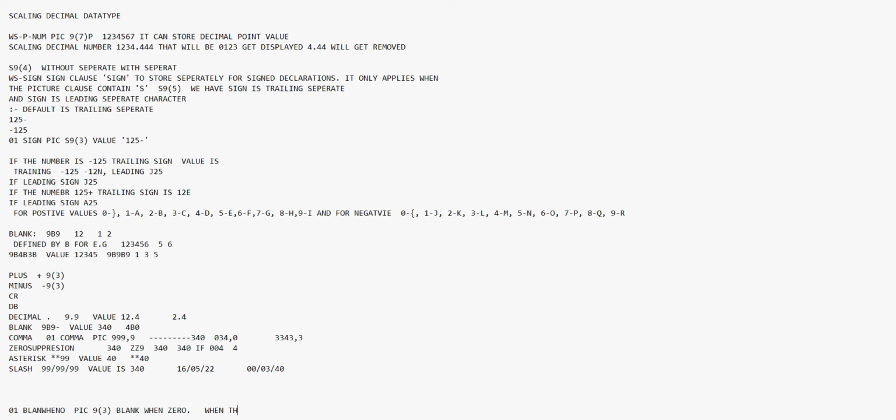When the value is 0, it will take it as space. Nothing as a value, right? Okay, got it.